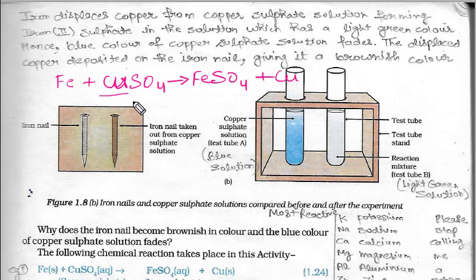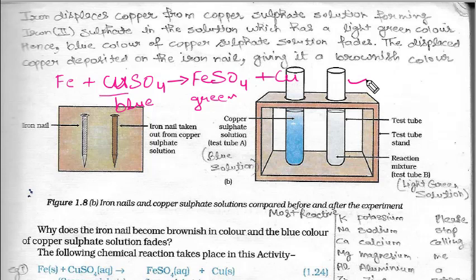So what will happen now? This copper sulfate is blue in color. So when iron displaces the copper, it will form iron sulfate, and iron sulfate is green in color.